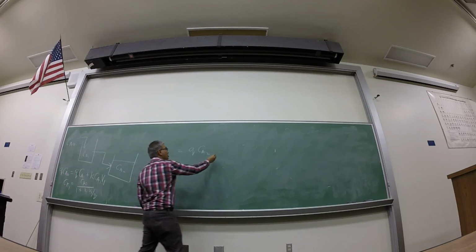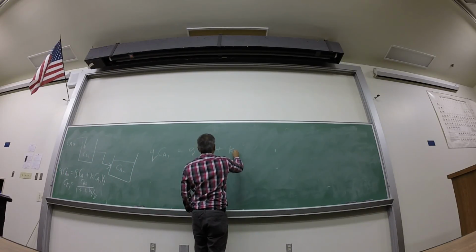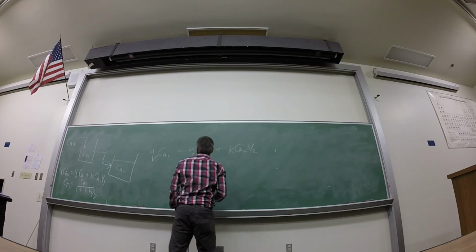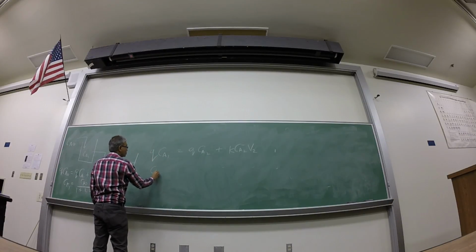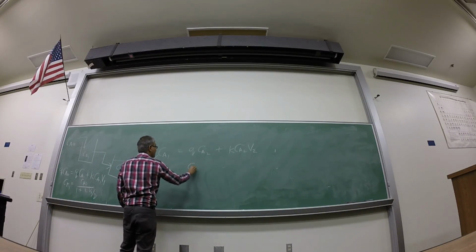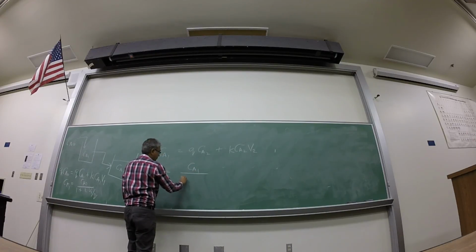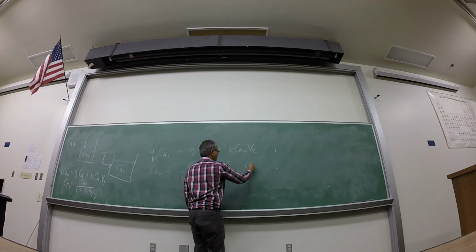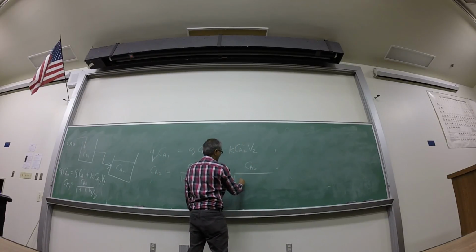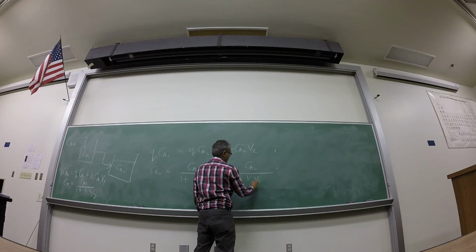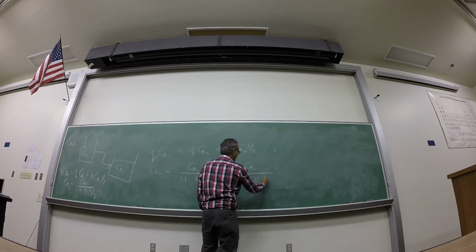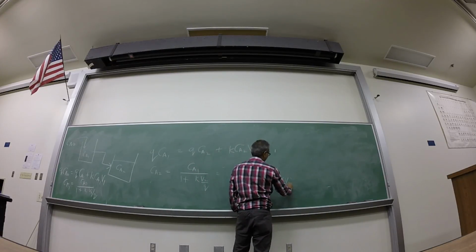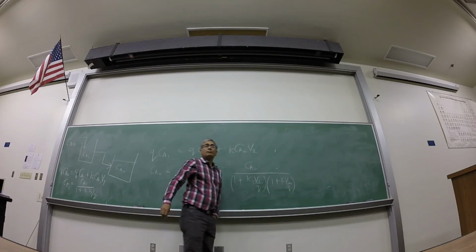So QCA1 is QCA2 plus K CA2 times V2. And so from this equation, you can figure out CA2 is CA1 over 1 plus K V2 over Q. And so this simply becomes CA0 over 1 plus K V1 over Q, times 1 plus K V2 over Q. Right? So far so good?